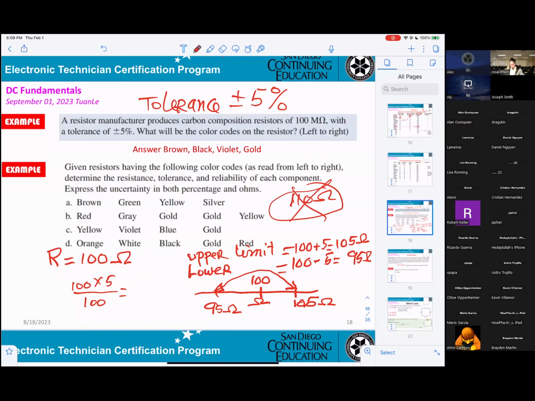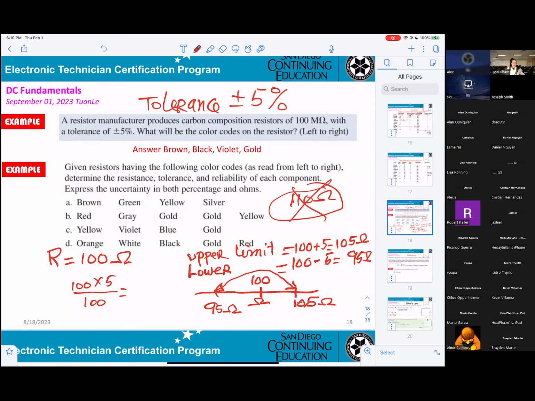So, Mr. Pham, if we get a resistor and we want to put that resistor in the circuit, when you measure it, it's got to be anywhere from 95 to 105. And even though you want a 100 ohm resistor, as long as the resistance is 95 to 105, it'll work. Exactly. No way you can get exactly 100.